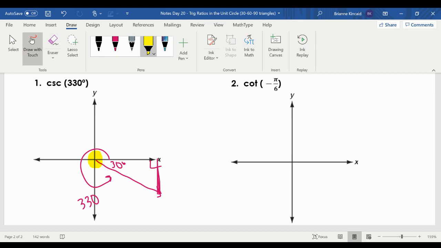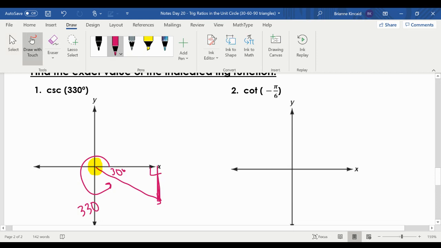Yes, it's a 30, 60, 90. I don't even bother writing in the 60 degree because when I have 30 drawn there, that tells me that's my reference angle. If nothing else, you can also draw a theta in there to help you. So across from the 30 is 1. Across from what would be the 60 is radical 3. And across from the 90, the hypotenuse, is 2. Check your signs to be safe. I've moved right and down. Down is a negative direction. This 1 becomes negative.